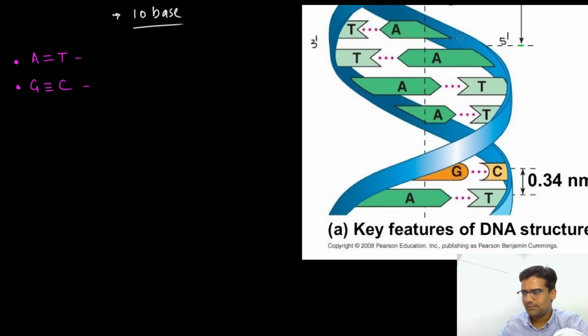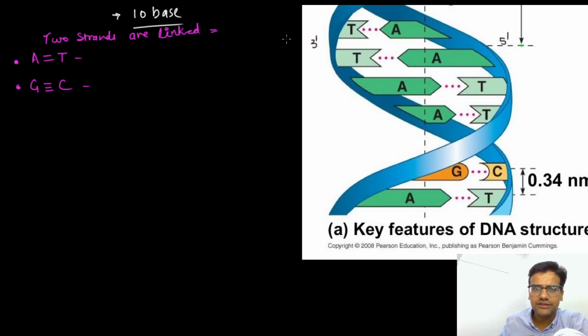That means the basic force providing stability to this double-stranded helix molecule is hydrogen bonding. The two strands are linked to each other by hydrogen bonding. Adenine is bonded to thymine by double bond and guanine is bonded to cytosine by triple hydrogen bond.